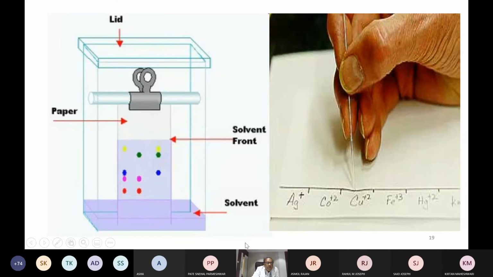In this, the filter paper is kept here and the separate samples are applied, and then the filter paper is dipped into the solvent, which will act as the mobile phase, and the filter paper will act as the solid phase. And then as the filter paper starts absorbing the liquid, the level of the liquid will start moving upward.